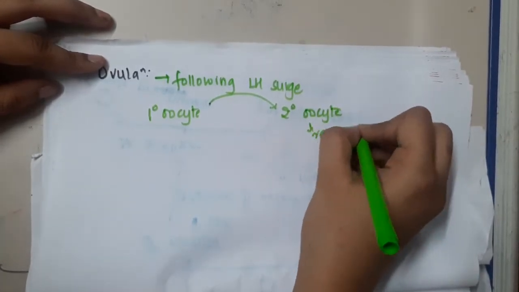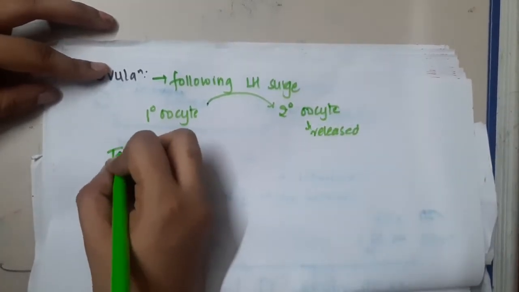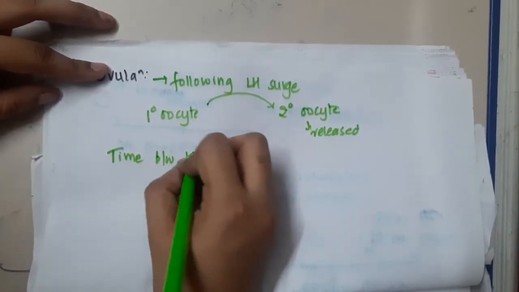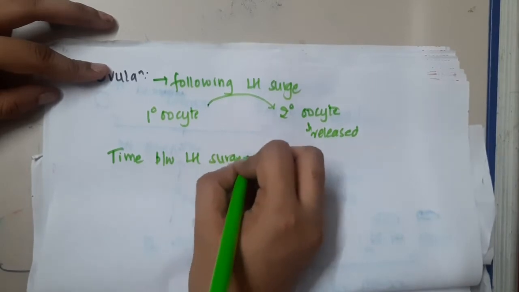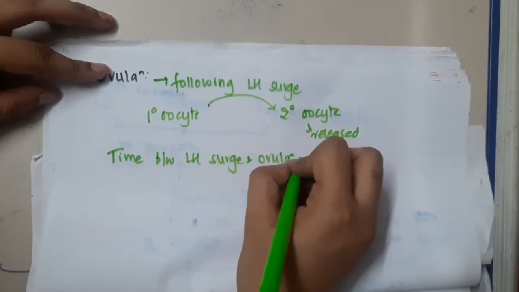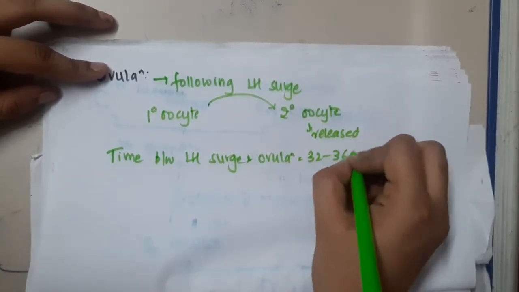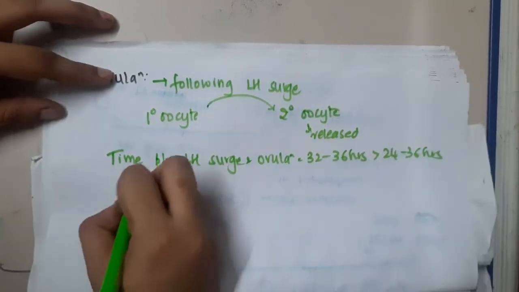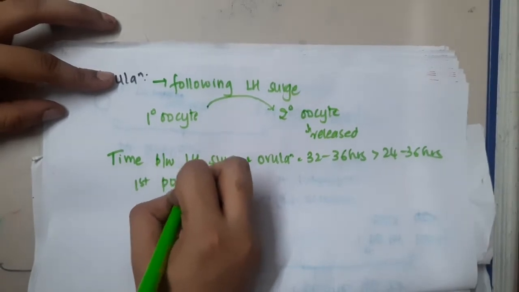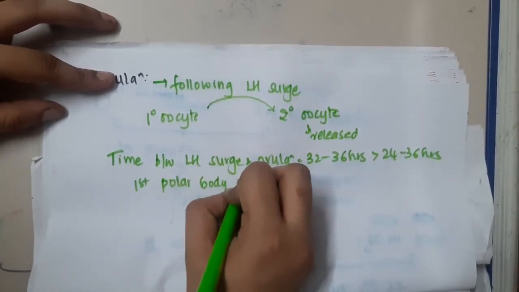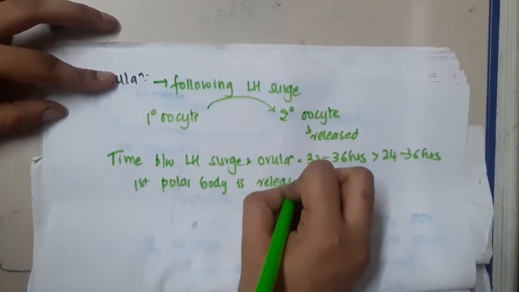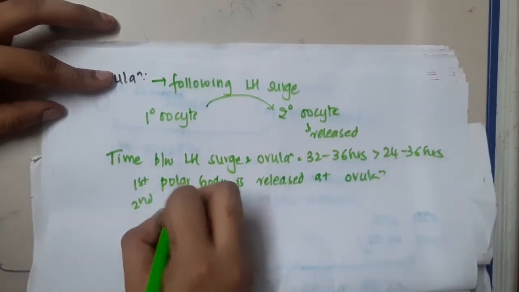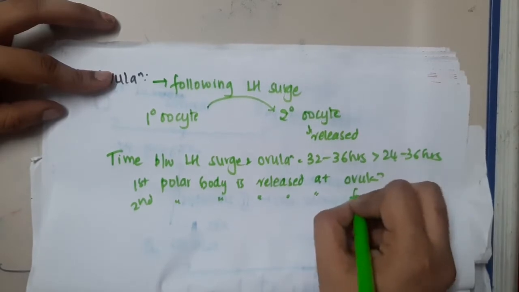This is ovulation. Time between LH surge and ovulation is 32 to 36 hours. When is first polar body released? First polar body is released at ovulation, whereas second polar body is released at fertilization.